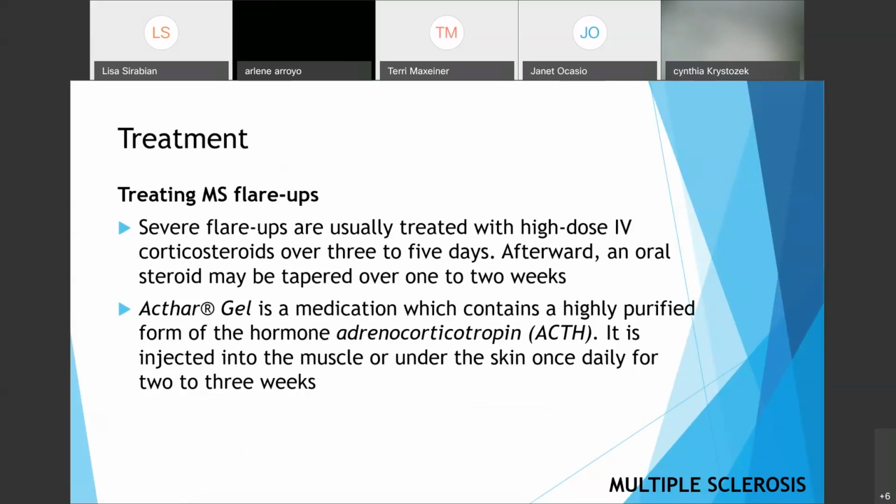This is why it's important to make that distinction. There's also another medication on the market, a highly purified form of ACTH, and this is an injectable, so it has to be injected into the muscle or the skin daily for 2 to 3 weeks, if that is the route we're going to go.